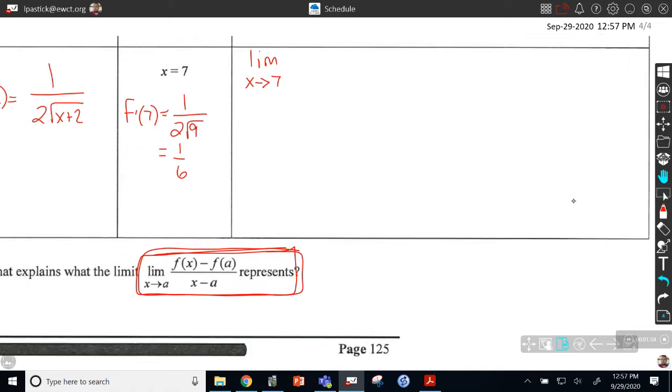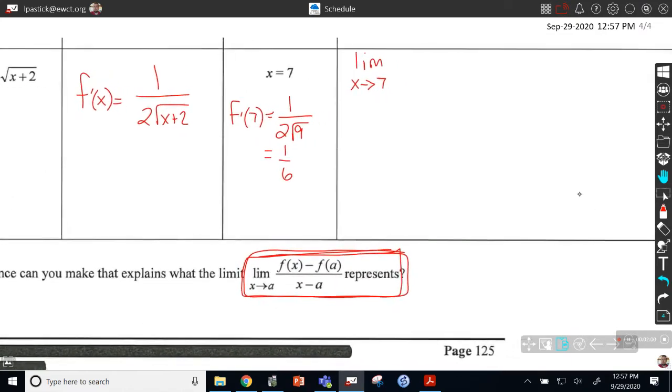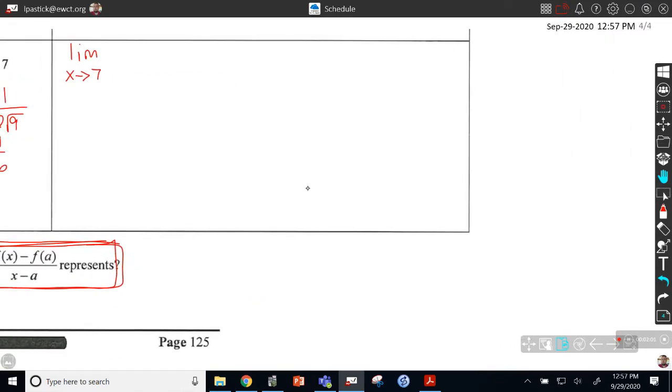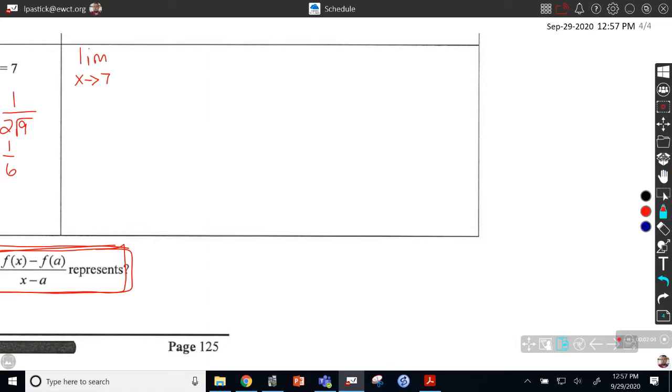F of x is root x plus 2. So f of x would be root x plus 2 minus f of a, and a here is 7, so 7 plus 2, over x minus a, so x minus 7.